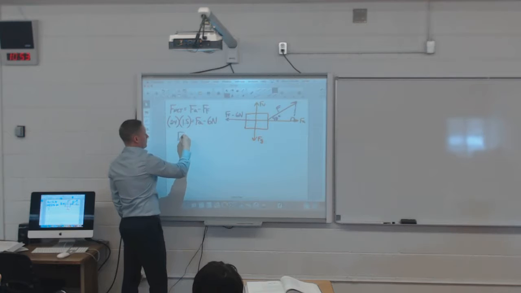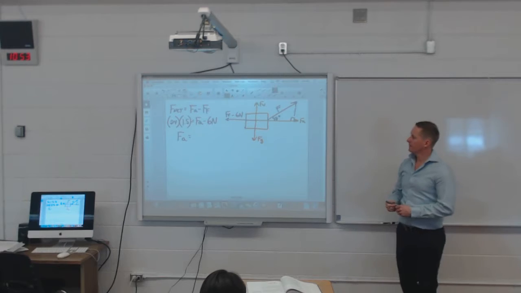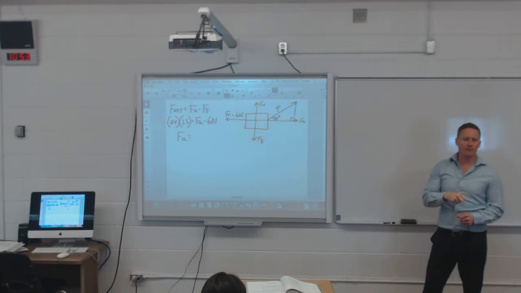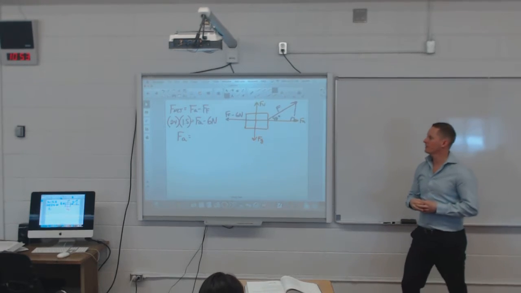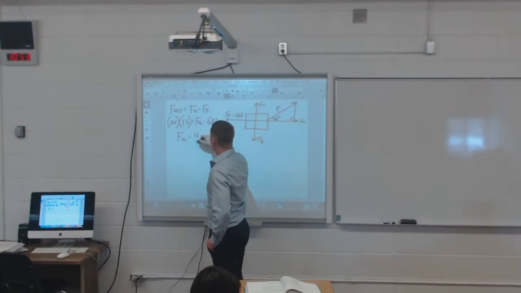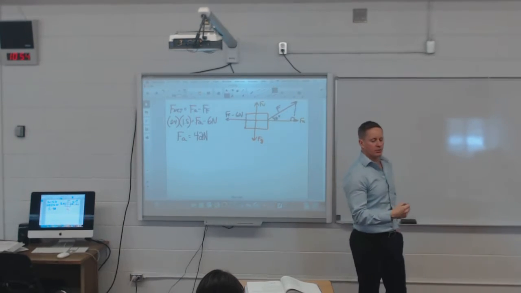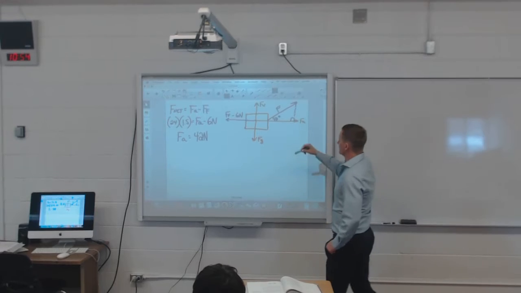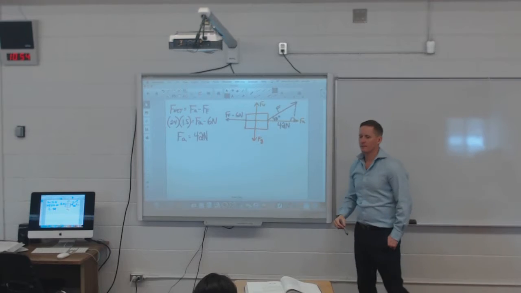So 1.5 times 24 is 36, and 36 plus 6 is 42 newtons. So there's my applied force in the direction of the motion of the wagon. That goes right here.